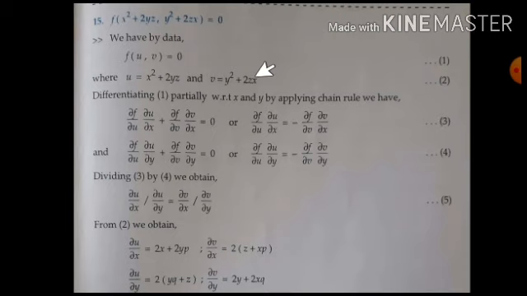Here you need to apply the product rule, because z is also a function of x and y, so you need to differentiate z also and x also. Hence apply the product rule. 2 is taken outside, z kept as it is, derivative of x is 1, plus x kept as it is, partial derivative of z with respect to x is dou z by dou x, that is p.